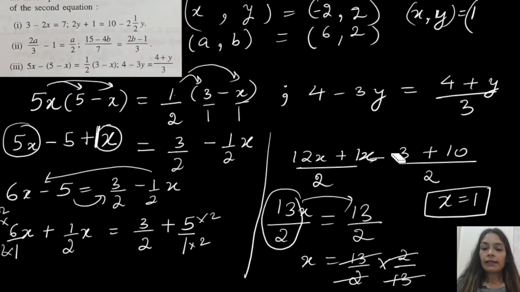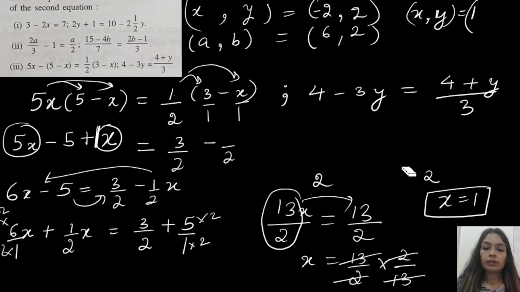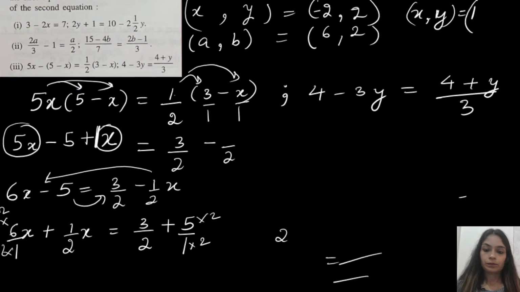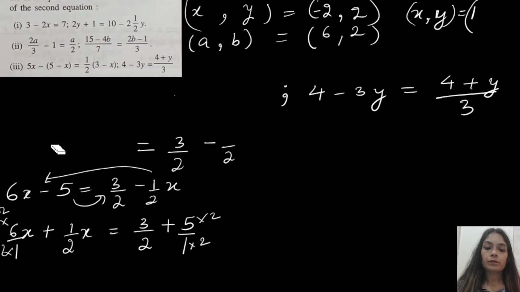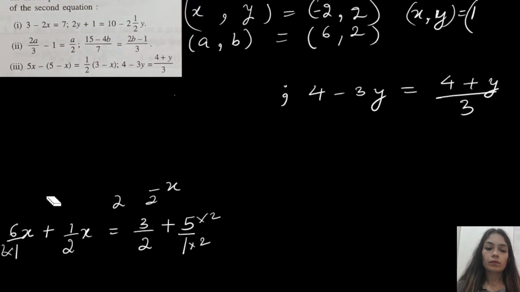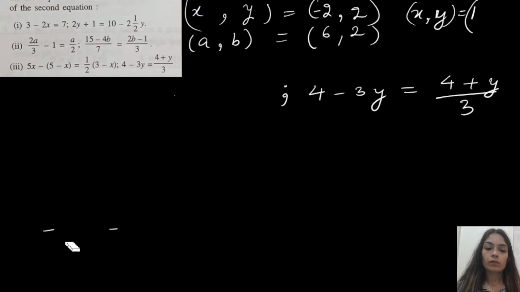So we found the value as 1. I'm just going to clear this. Now let us find the value of y. Like terms: now on one side one fraction is there, so this 3 will shift to this side.